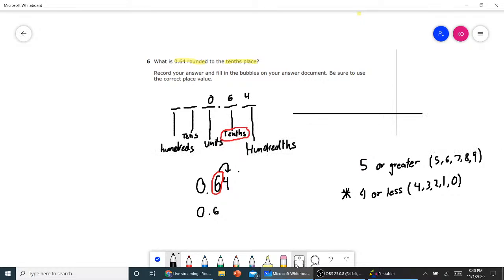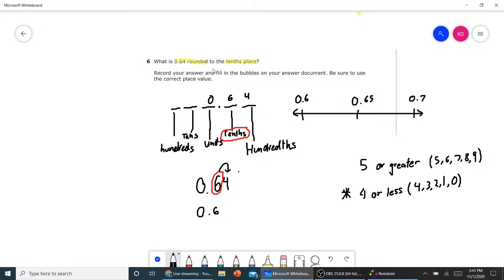You see 0.64. So let's put 0.6 over here and 0.7 right here, and in the middle we'll put 0.65.